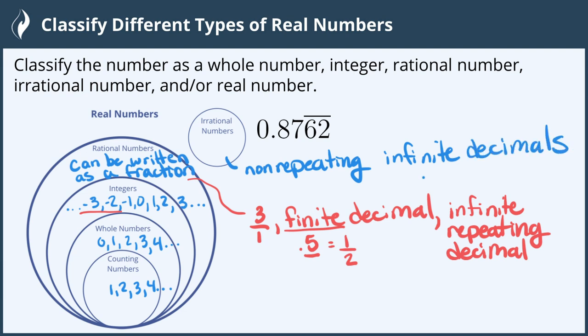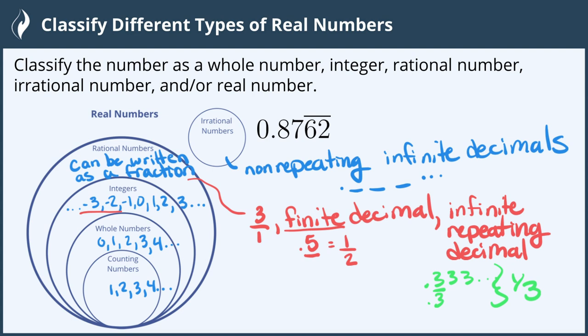These are indicated with a ... after the digits in the decimal. An infinite repeating decimal, such as the decimal 0.3 repeating forever, or 0.3 with a line over it, is actually the fraction 1/3.